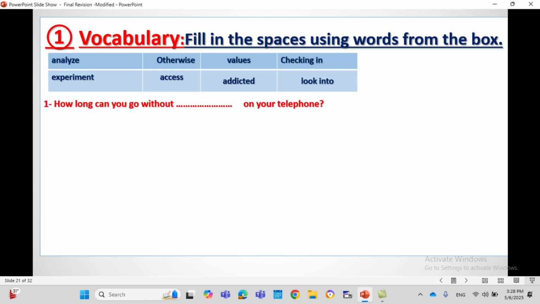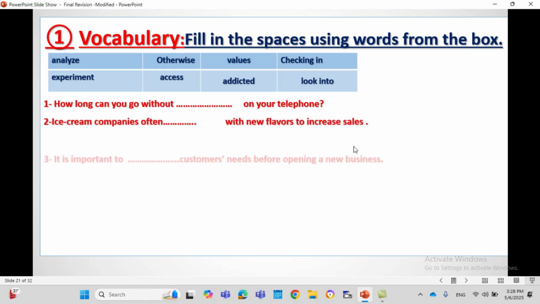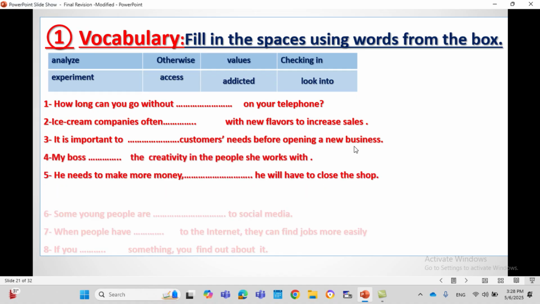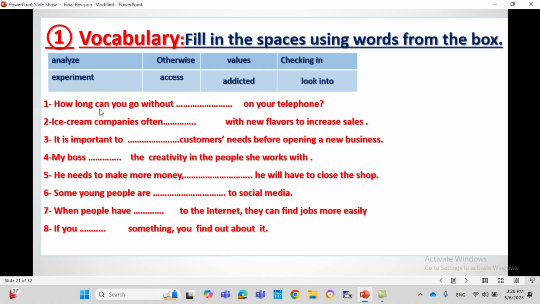Number one, how long can you go without your telephone? And by the way, this is very easy even if you do not know the right word, simply because we have without. Without is always followed by a noun or a gerund, which means verb plus ing.